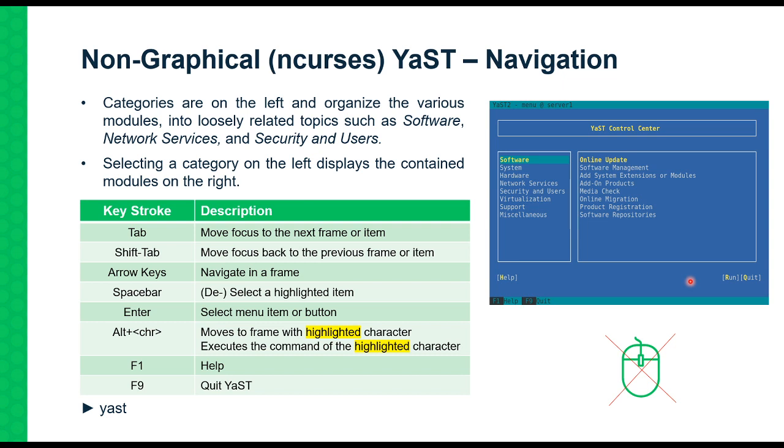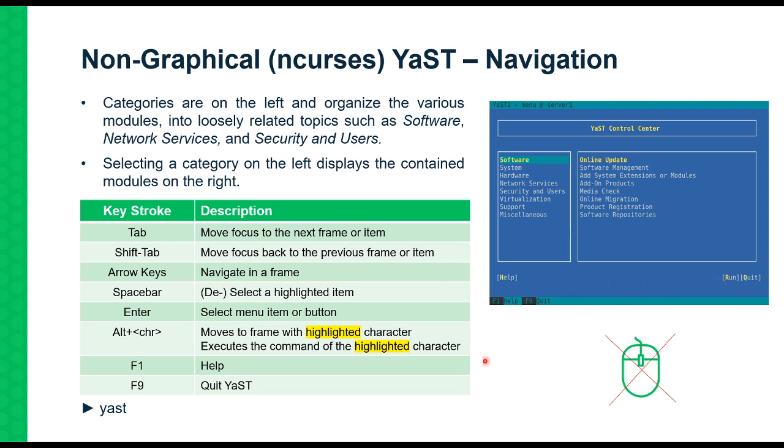So it will be Alt and that button, lowercase r, lowercase q in this case. Then it will automatically open up the run function or even the quit function to quit YaST, Alt Q to quit.